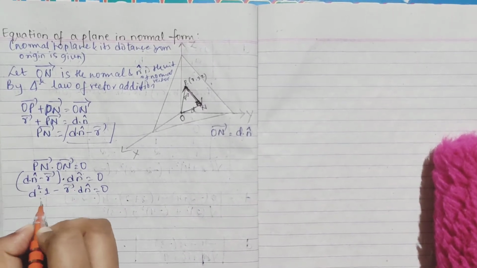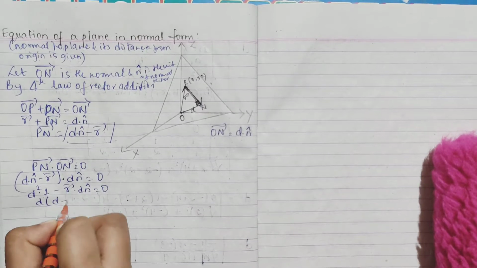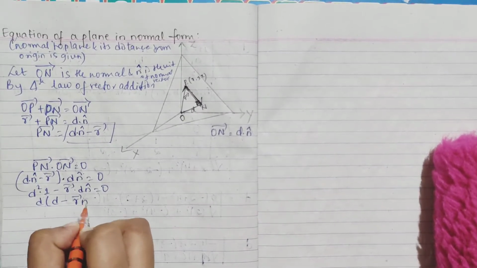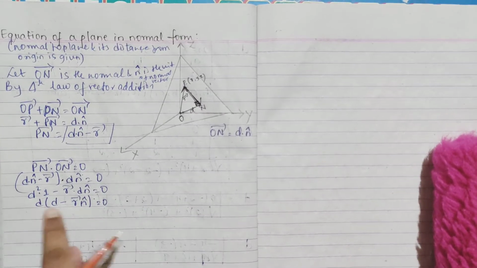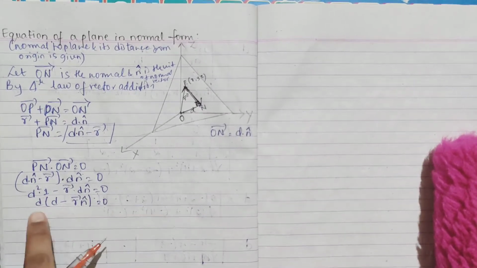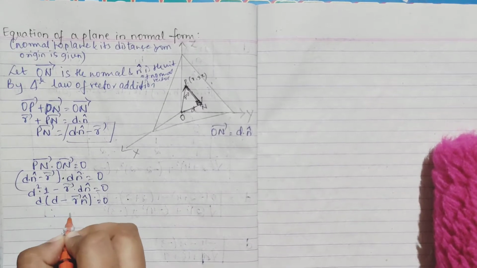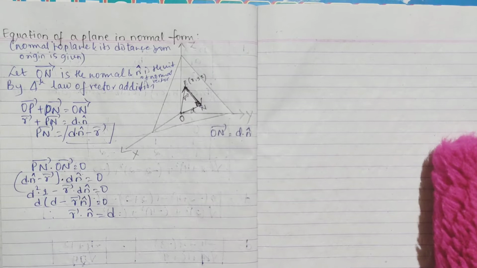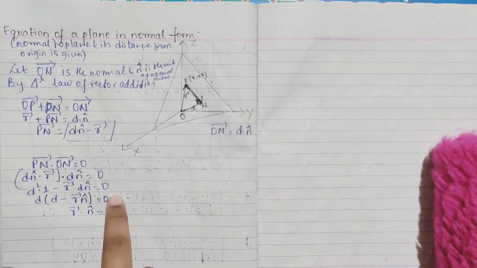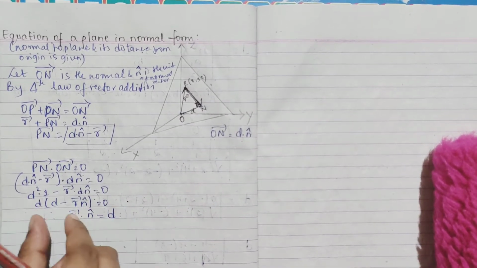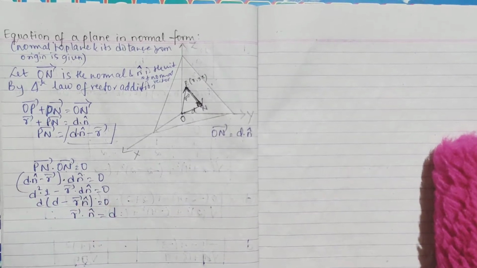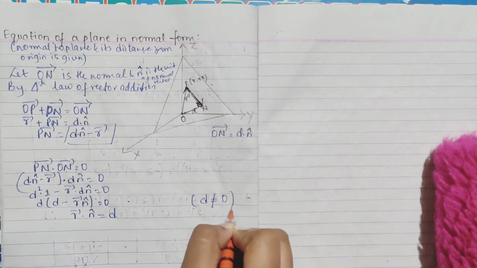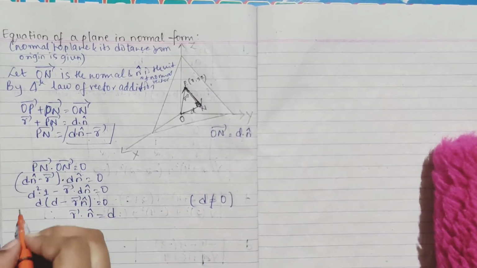So at the end I'll get d into (d minus r dot n cap) equal to 0. Your d cannot be 0, as it is the distance from the origin, so you equate only this part, and you get r vector dot n cap is equal to d, right? So this is your vector form.